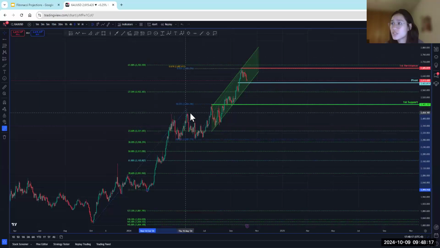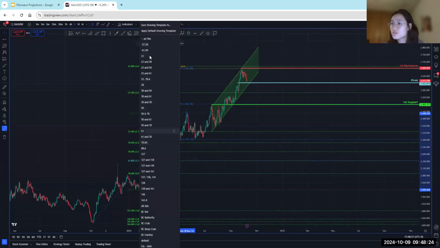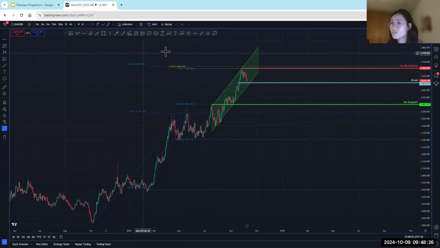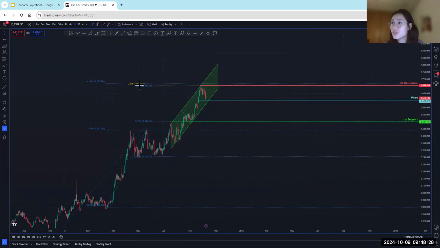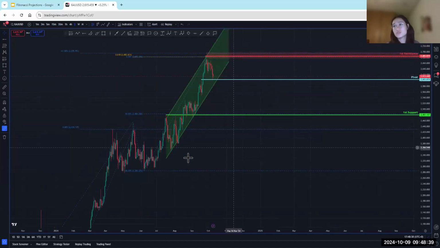My minus 61.8 lines up with our first resistance. So over here we already have this confluence area here. And we already saw price reverse off this level as well.